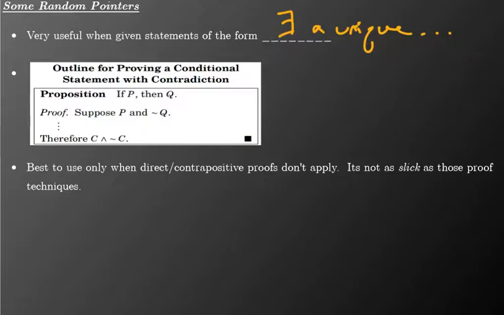If you're getting that C is even and it's odd, you know that what you started off with must be wrong. So you can say, therefore our assumption that P and not Q is wrong, and thus given P we know Q must happen. That's just what we just did.